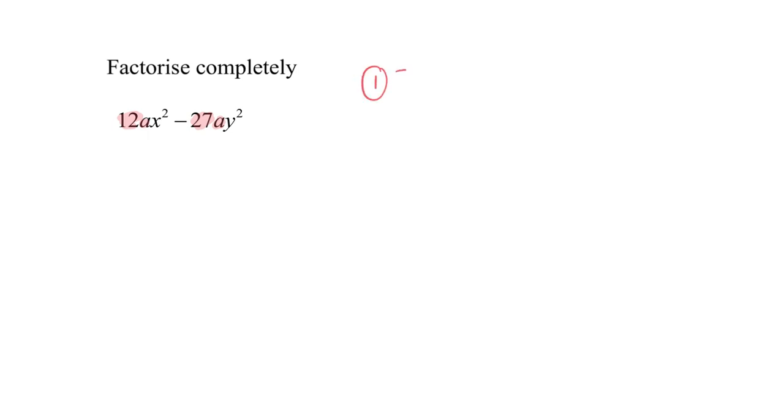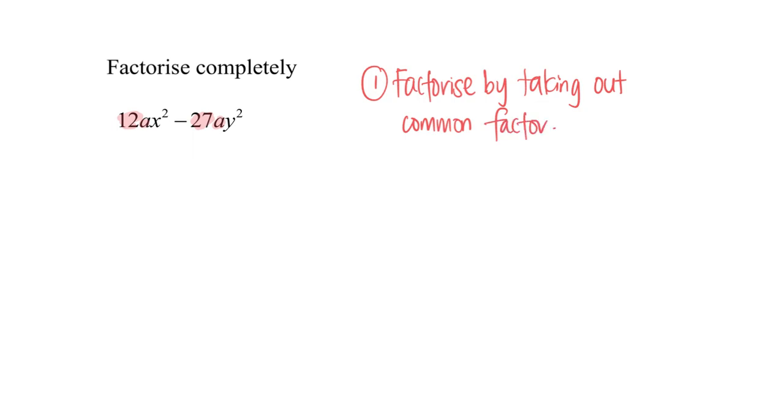So for step 1, I will be factorizing by taking out common factor. So 12 and 27, I could actually divide by 3. I also got my a. That will give me 4.